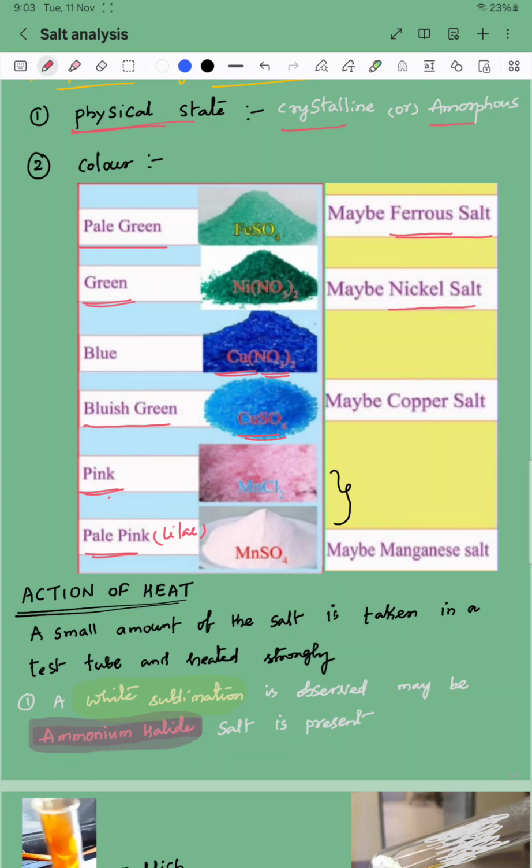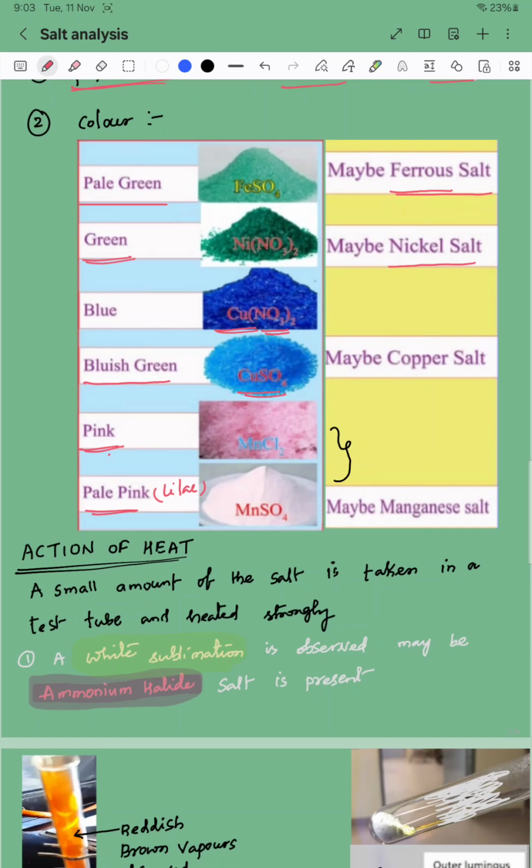By observing these colors, we can easily predict what type of cation is present. Pale green, iron salts; green, nickel salt; bluish green, copper salt; pale pink, manganese salts. This is the color identification.